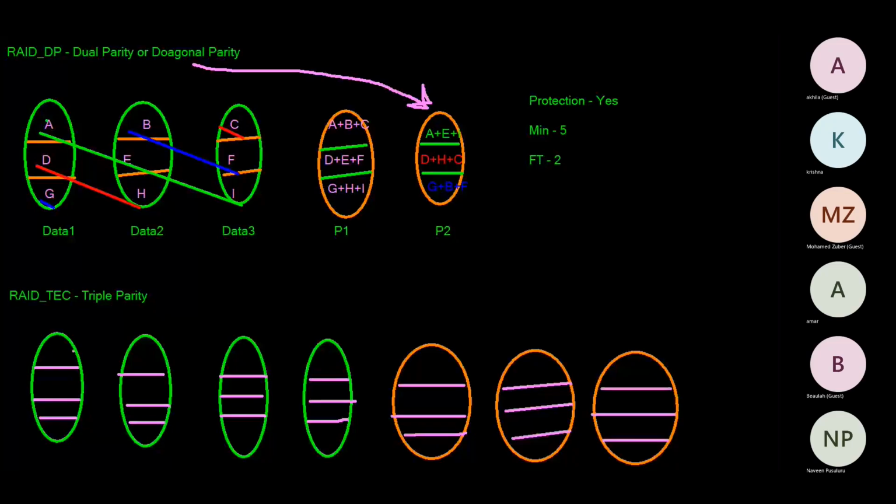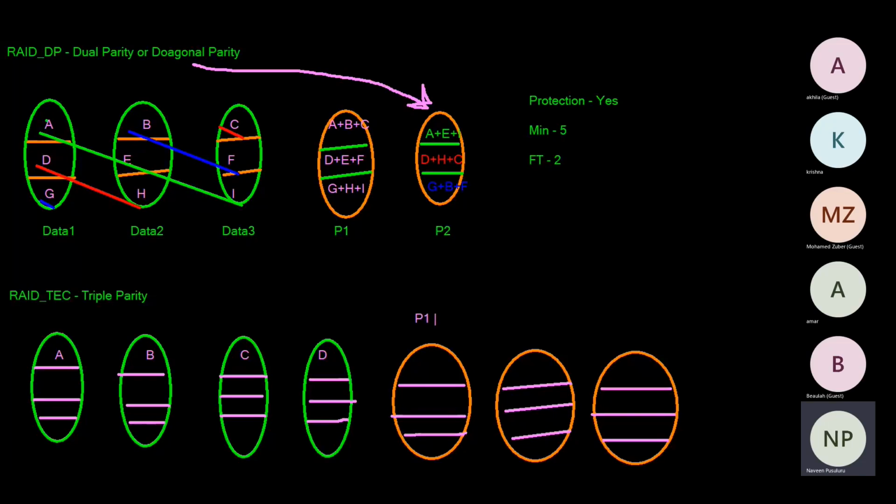So A, B, C, D. You know that, right? First parity, so this is a parity. This is the second parity, P2, and this is the third parity, P3.